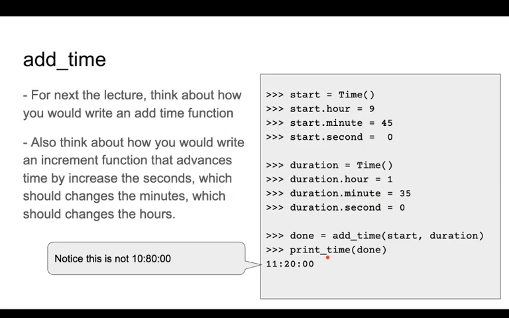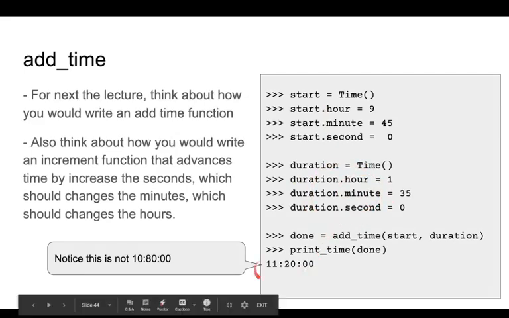Now for add time, I forgot to mention this last lecture, we're going to add 2 time objects together. So here's our start time, 9 hours 45 minutes. We're going to try to increase that by 1 hour and 35 minutes. And then we should get a total time of 11 hours and 20 minutes after our add time function is done.